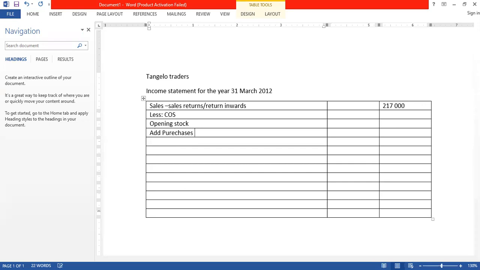And make sure that if you have purchases returns, or return outwards, you subtract them from your purchases amount. So in brackets, purchases returns, or in other words, they are also known as return outwards.